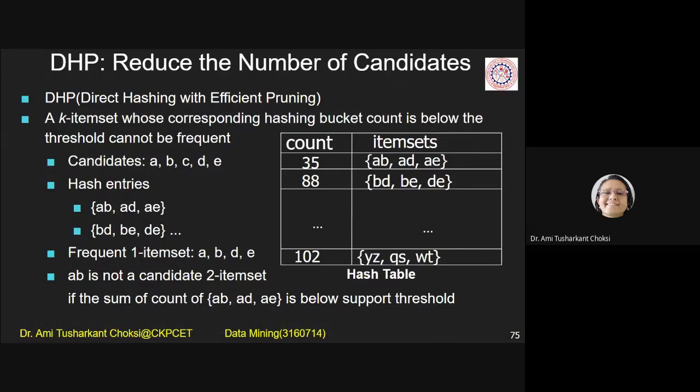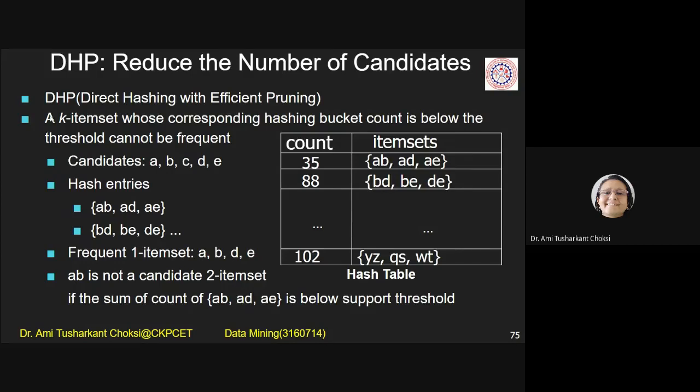What we are doing is trying to improve the Apriori algorithm, that is, trying to remove the limitations of the Apriori algorithm. For that, either we can reduce the time or we can reduce the number of scans of the database, isn't it? Okay, so this is what we are learning.